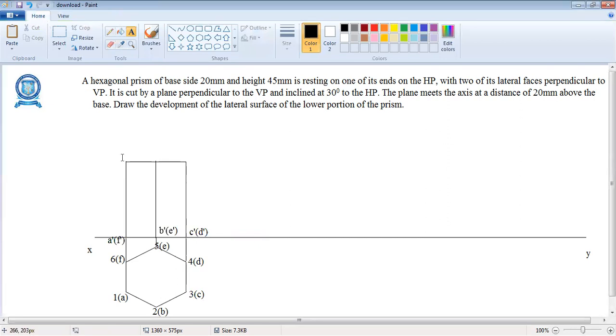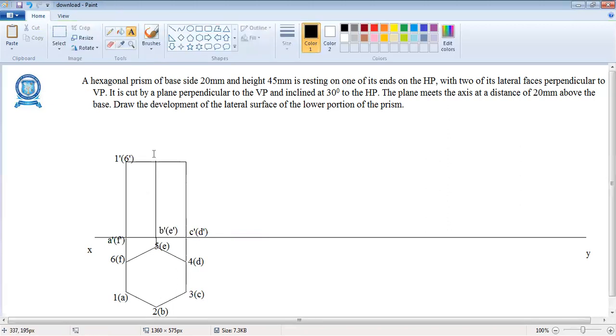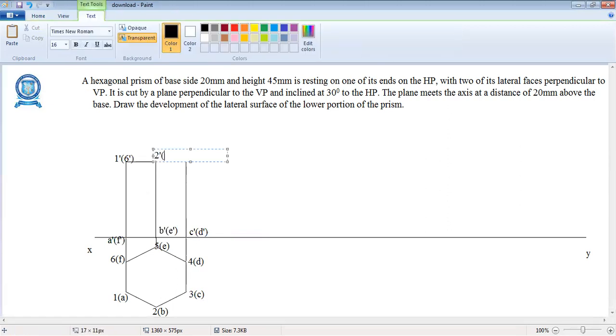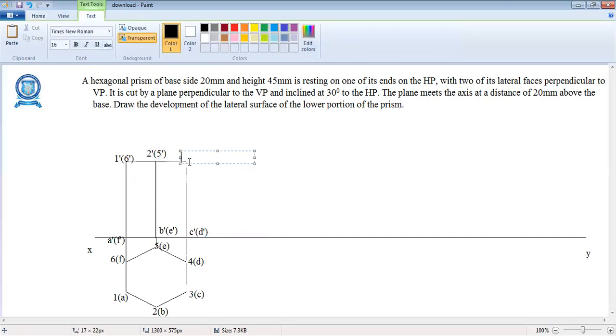The same in the top of the hexagon: 1 dash in bracket 6 dash, 2 dash in bracket 5 dash, 3 dash in bracket 4 dash.